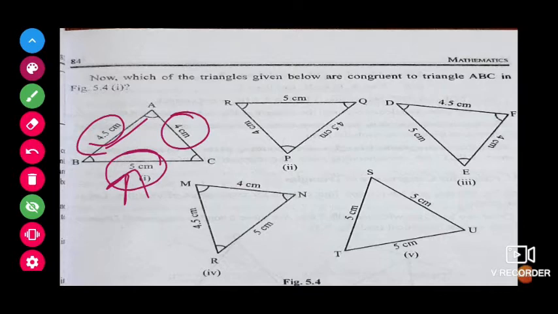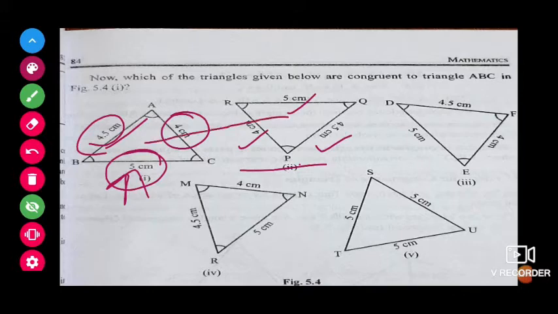Children, the orientation may change. Now it is in this position, but it may rotate to the left, to the right, up, down, anything. But the triangle's size and shape will not change. So we have to check all the sides. Here 4, 4.5, 5. See the second figure: 4, yes. 4.5, yes. 5, yes.